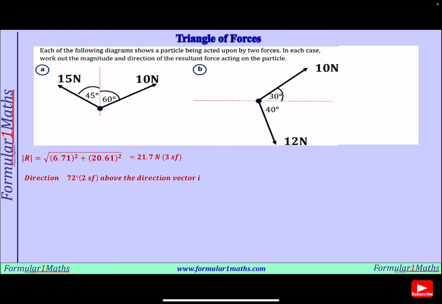In the direction, we got 72 degrees above the direction of the vector I. For B, we got a magnitude of 18.1 newtons, and the direction was 8.6 degrees below the direction of the vector I. We should get the same answers using triangle of forces. So let's go and see how it's done.